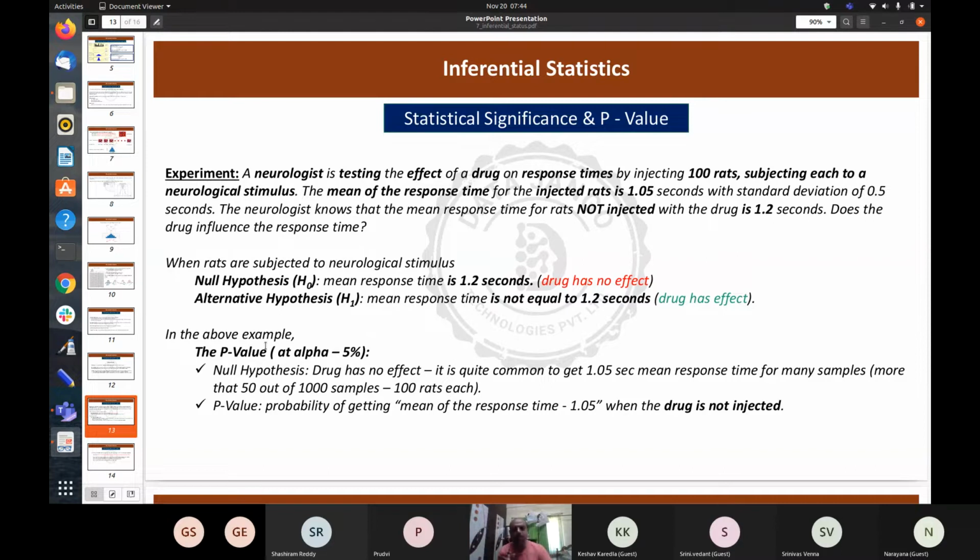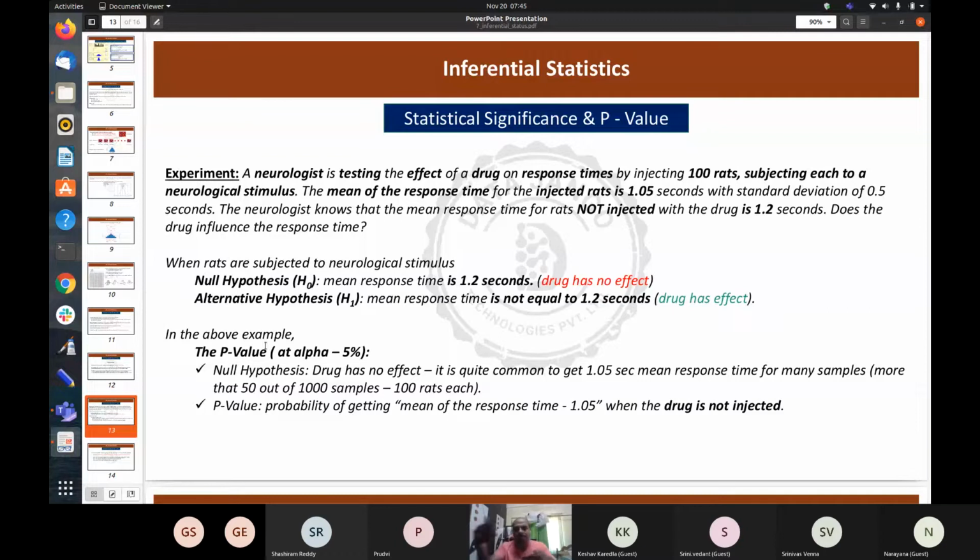Okay, this 5 is how many times the new thing is happening in the old environment or old circumstances. That is called the p-value. 5 is the threshold, but we need to find how many times the new thing is happening in old circumstances.